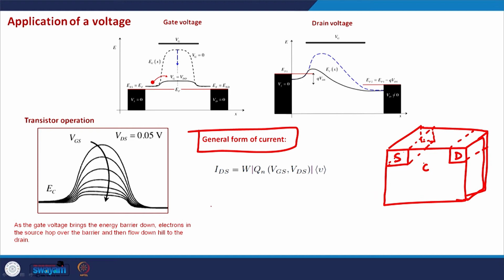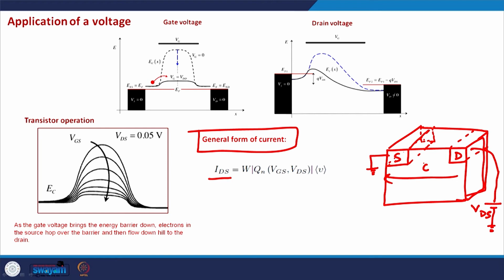A general expression of the current from the drain terminal to the source terminal, because typically we apply a positive voltage on the drain terminal. Generally the source is grounded, so the voltage applied on the drain side is known as the VDS voltage.